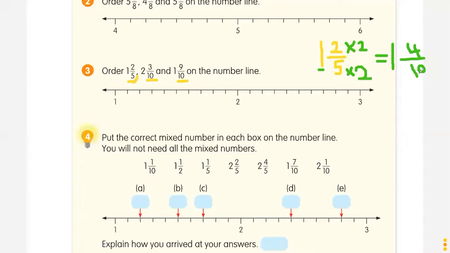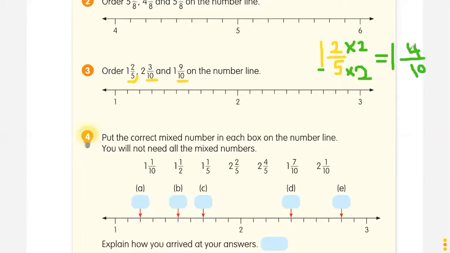Now can I arrange them and put them on a number line easily? Yes, of course. Now, let's check how. Let's go back to here. This 1 and 2 over 5, which is now 1 and 4 over 10. Where does 1 and 4 over 10 go? I have here 1 as a whole number, so definitely it's going to be here after 1.